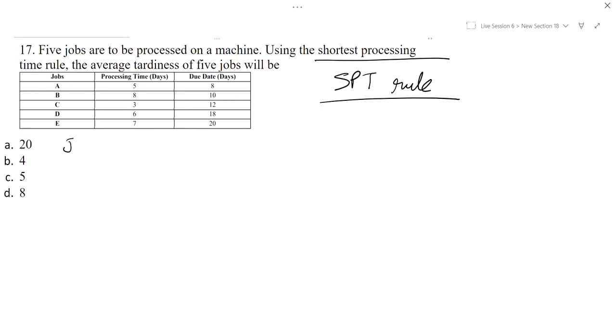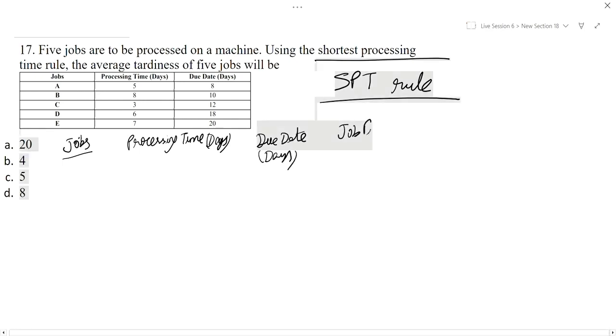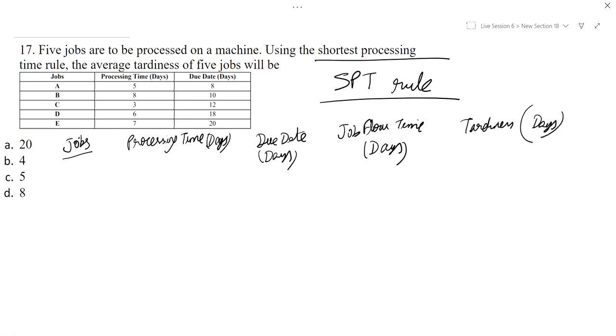We will make the columns jobs, processing time, this is in days, due date, this is again in days, job flow time, this is in days, and we will make a tardiness column also, this is also in days.